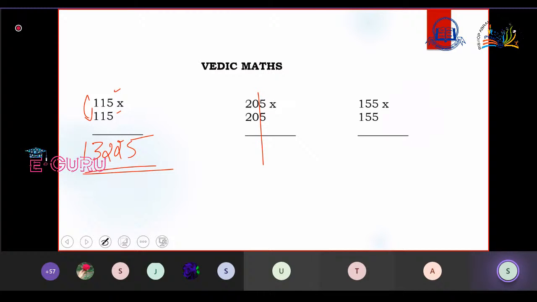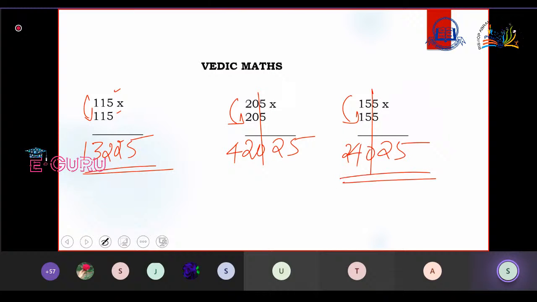Here again 5 into 5, 25, and 20 into 21, which is 420. So the final answer will be 42,025. Here again 5 into 5, 25, 15 and the next number 16. 15 into 15 is 225, and 15 into 16 is 240. So 24,025 will be the answer here.